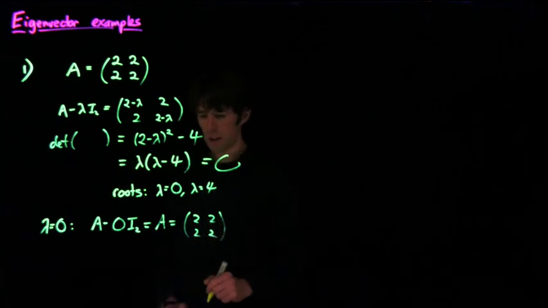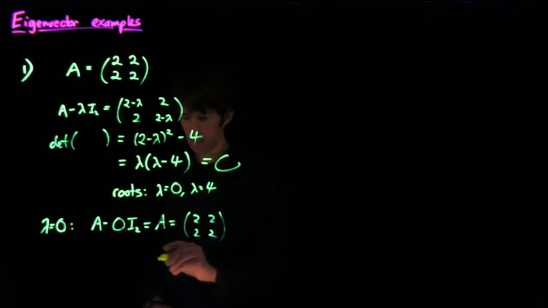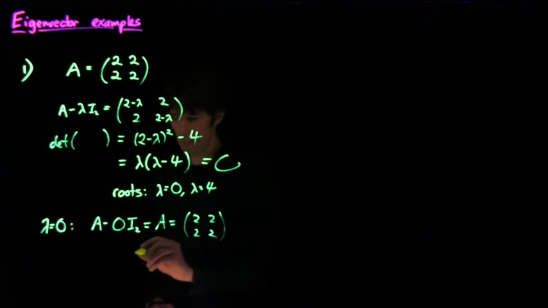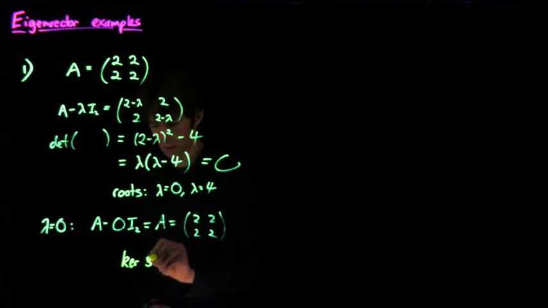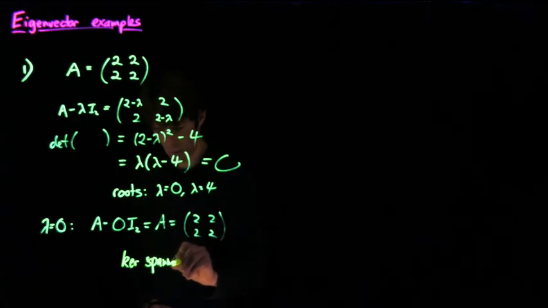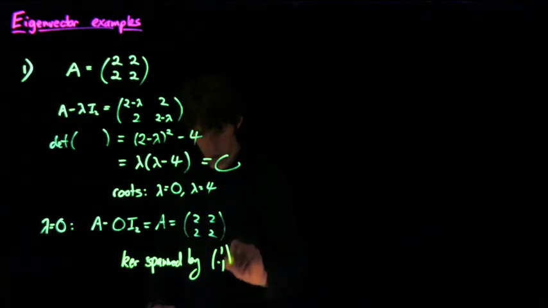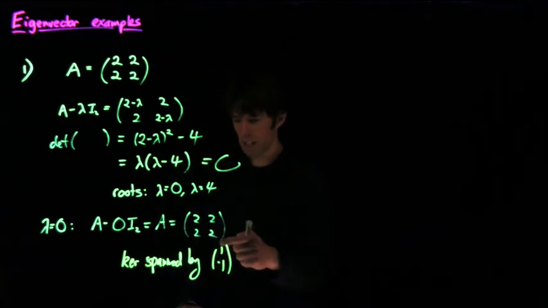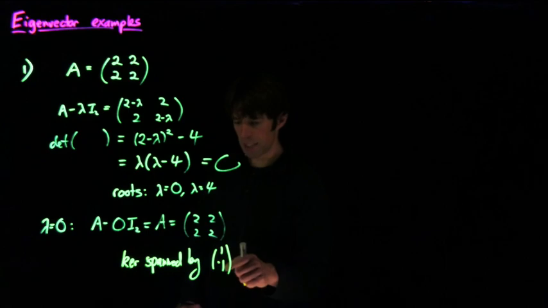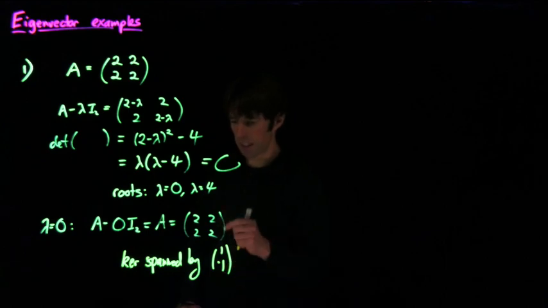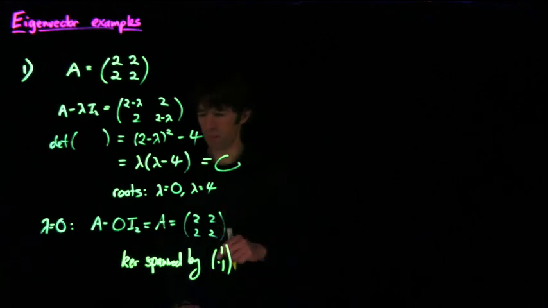So any vector in the kernel is going to be spanned by the vector 1, minus 1. So this says however much I take of the first column, I need to take the same amount but negative of the second column to make the 0 vector.